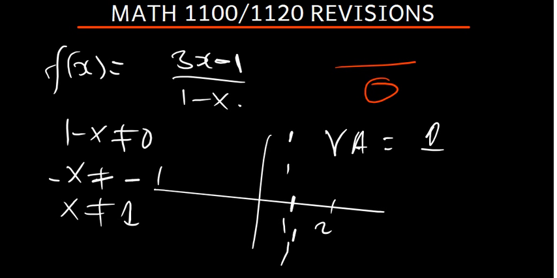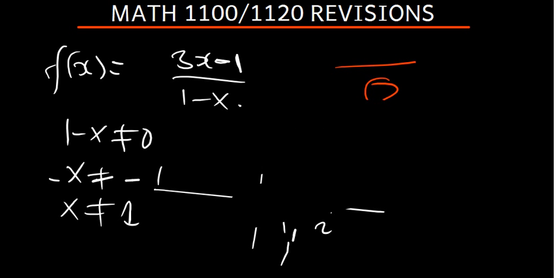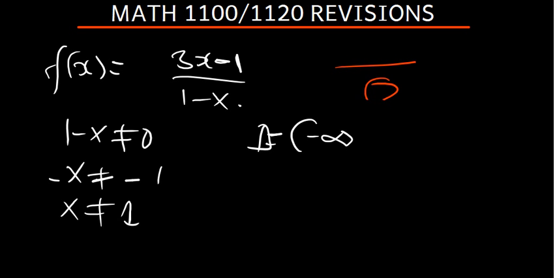Okay? Now, how do we write the domain? You can write the domain in two forms. You can use interval notation where you can say that the domain will be from negative infinity, you can plug in any number all the way to 1, but 1 not included, union 1 all the way to positive infinity, meaning 1 is not included.